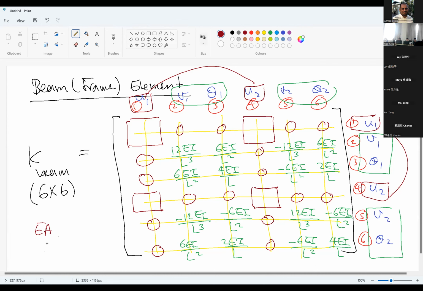So just keeping in mind, from the bar element, this is called the axial effect because the bar element was only including the axial effect.